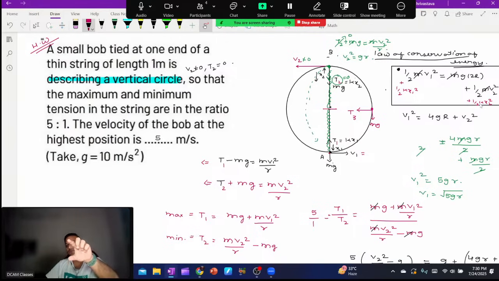So the tension T1 should be equal to tension T2. If they give some condition to you, then kx1 will be made equal to kx2. So somehow you have to find out the relation between x1 and x2 also. Try to solve this.